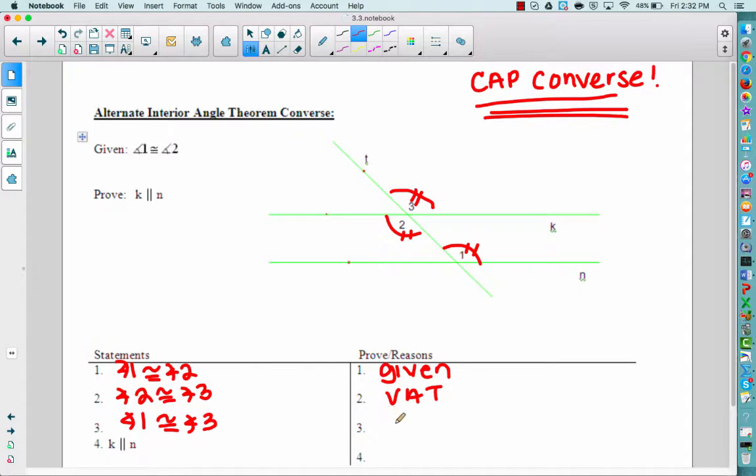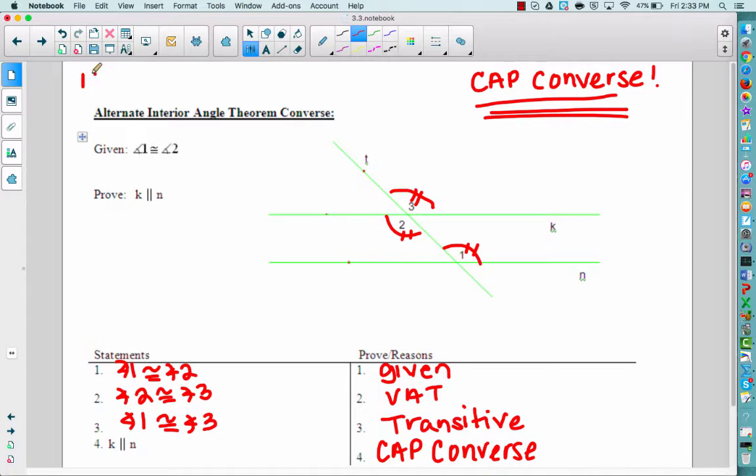Hopefully you're seeing that this is the transitive property because I'm connecting 1 and 3 via 2. Because 1 and 3 are congruent, that means that K is parallel to N because of the CAP converse.